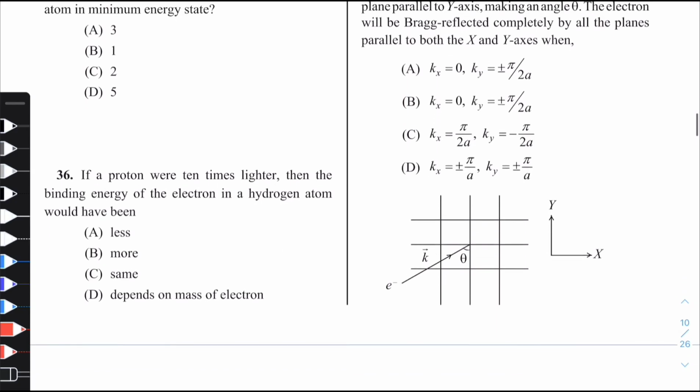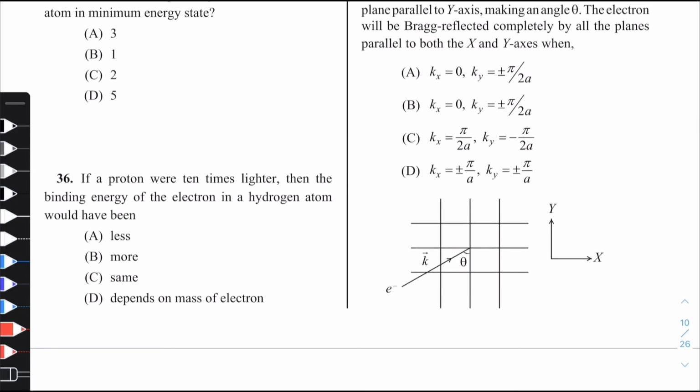So assume that this is reflected from the y-axis. So that means the reflected wave vector would look like this. So delta k is equal to k prime minus k, and this is equal to minus 2 k of x.